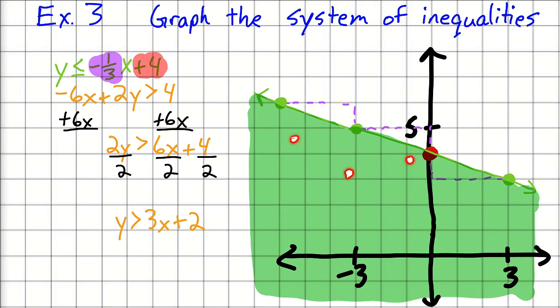There, right on the line, that's part of the solution set. Any point over here is part of the solution set for that one inequality. Over here, none of these points are.